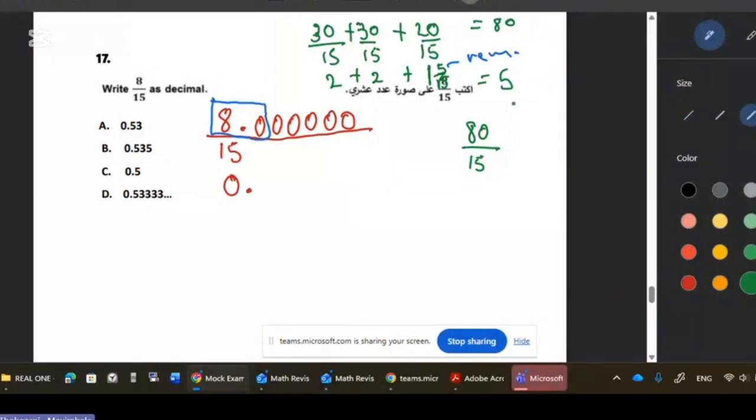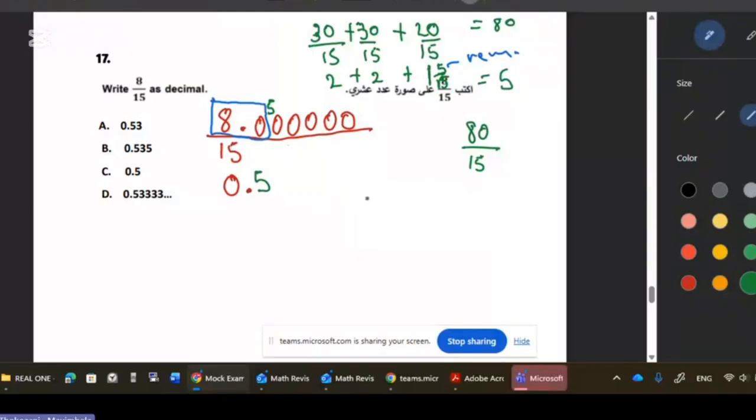Can you see that? So we're going to put the remainder here as 5. Are we following?